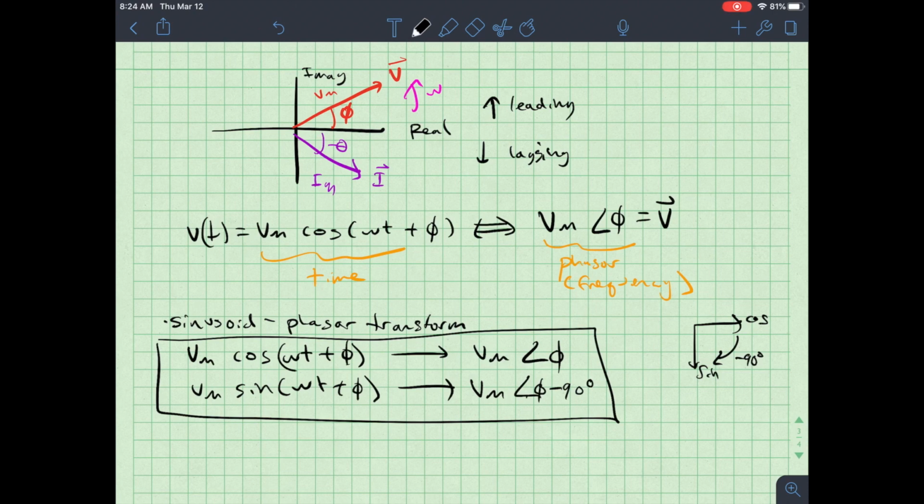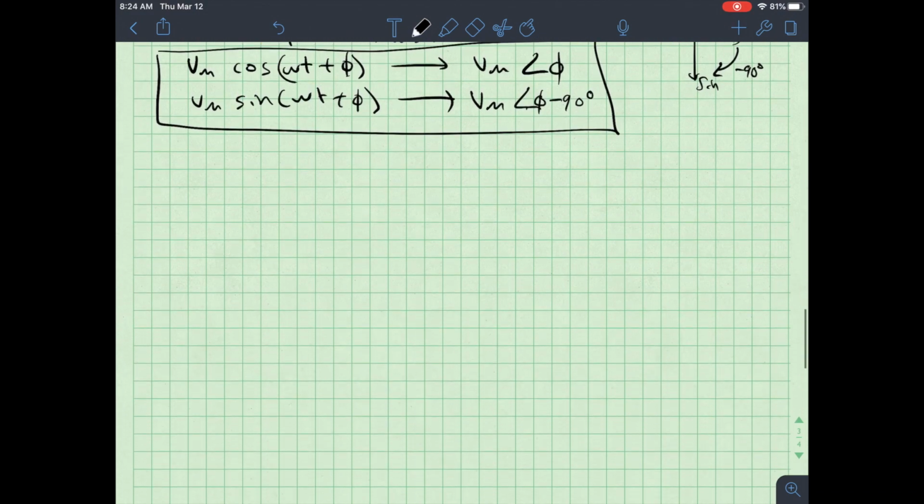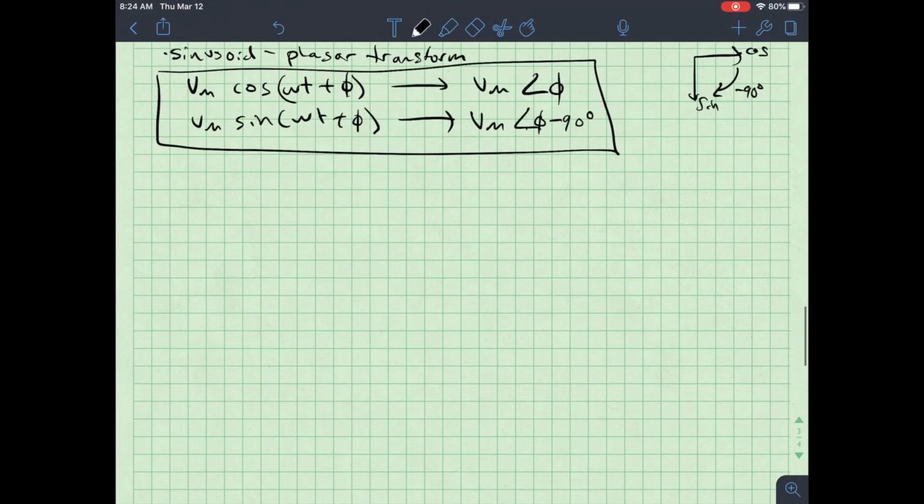There are a couple other important notes before we finish up. Here's the first one, which is going to be useful when we start talking about capacitors and inductors.